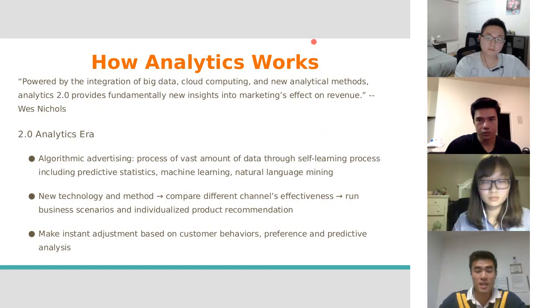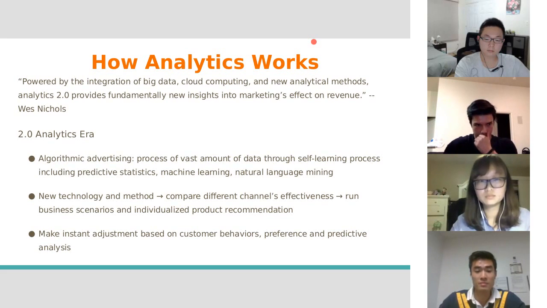They put the analysis in the algorithm, where when something happens, they trigger a certain action. Because of new technology and methods, we're able to compare different channels' effectiveness, run business scenarios, and individualize product recommendations. Most important, we're able to make instant adjustments based on the customer's behaviors and preferences.